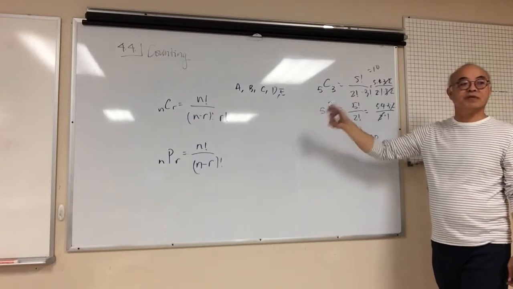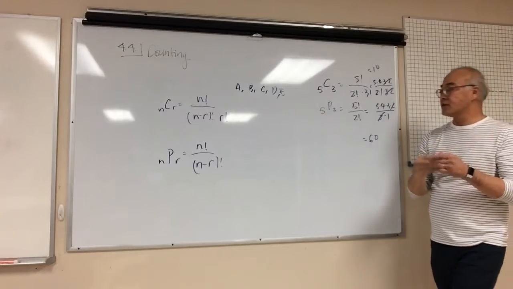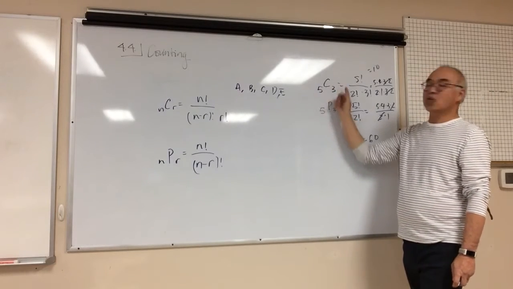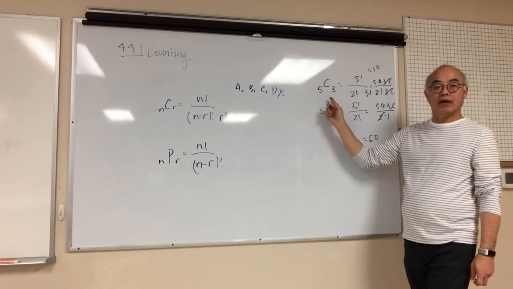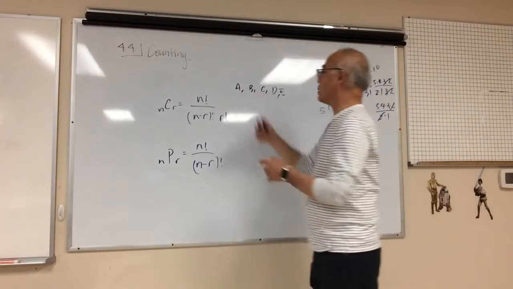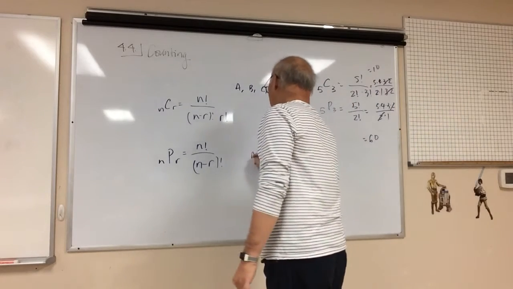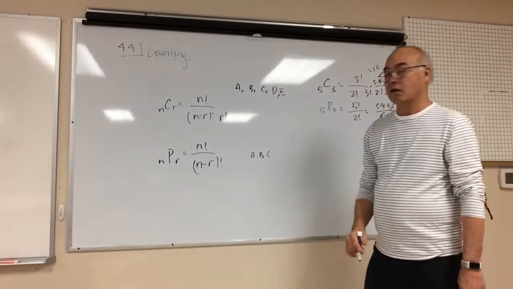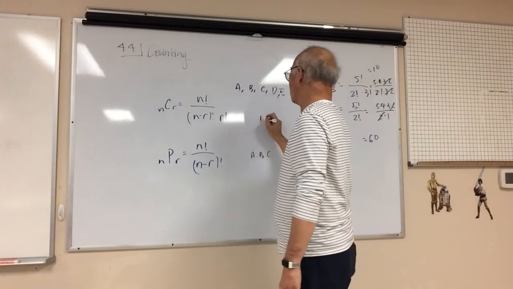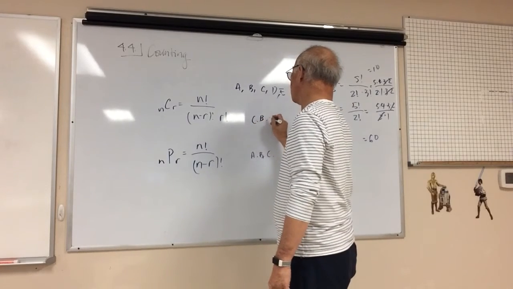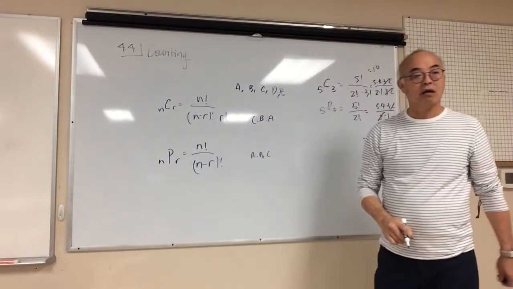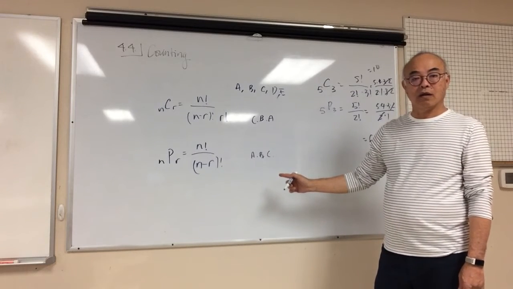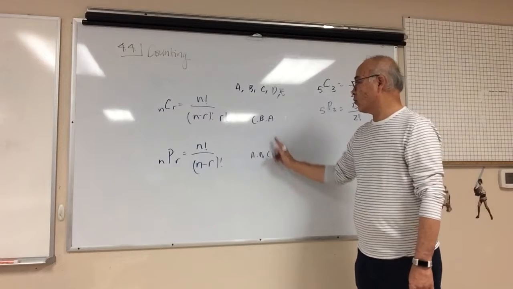So I'm choosing 3 from the 5, right? Whereas with the permutation the order matters, and with the combination the order doesn't really matter. In other words, if I picked 3 here, and it was A, B, and C, and now I picked 3 here, and it was B, C, and A, it'd be the same thing, because for combinations order does not matter.